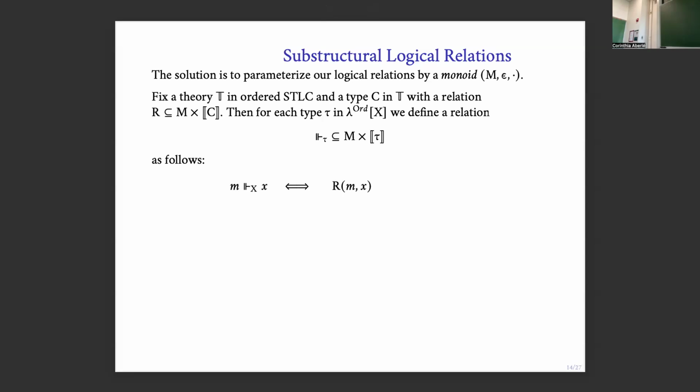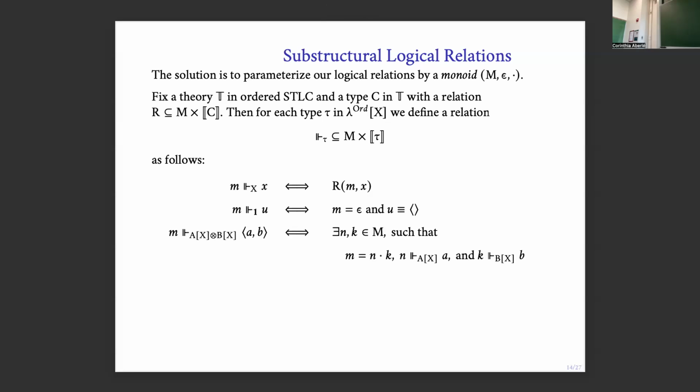At X, it just again evaluates to R. And then for an element of the unit type, M is related to U if and only if M is equal to the unit of the monoid and U is equal to the unit element of 1.